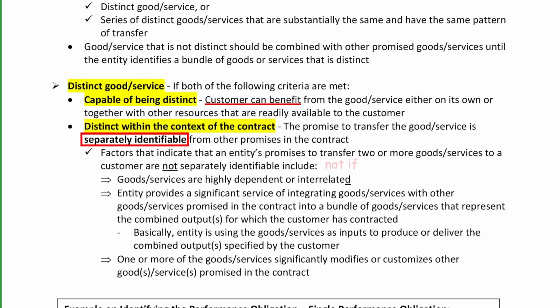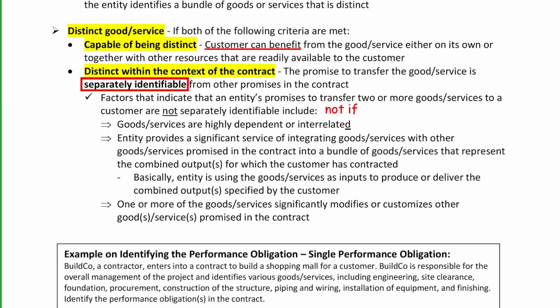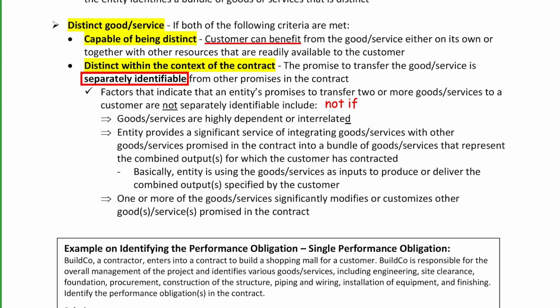And right there, not if. So the goods or services are not separately identifiable if they are highly dependent or interrelated, or if the entity is providing a significant service of integrating the goods or services to provide a combined output for the customer, or if one or more of the goods or services, underlined, significantly modifies or customizes other goods or services.